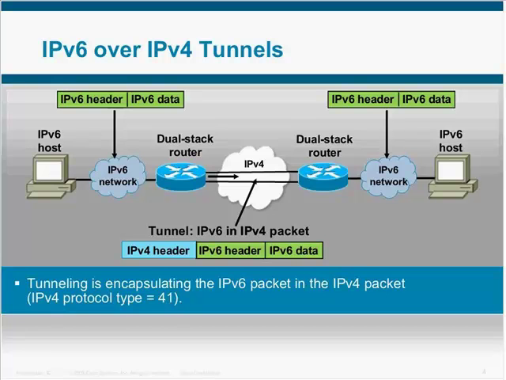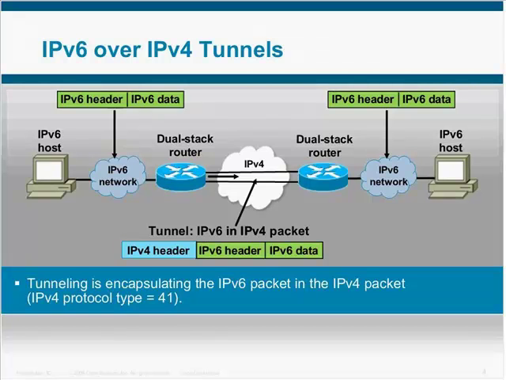So in this case, we have an IPv6 network on the left-hand side and another one on the right-hand side. And the goal, obviously, is to transparently be able to connect these two IPv6 networks. We have an IPv4 cloud in the middle, and we will actually need to deploy dual stack routers, dual stack meaning that they run both an IPv4 and an IPv6 stack, and connect them to the IPv4 cloud.